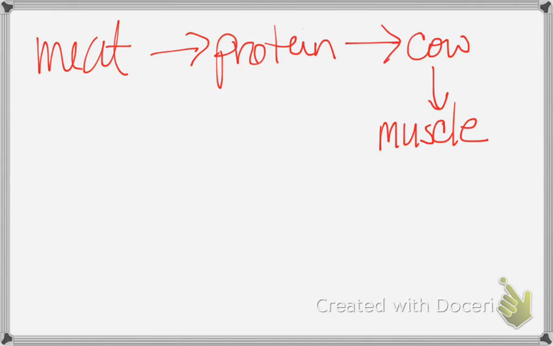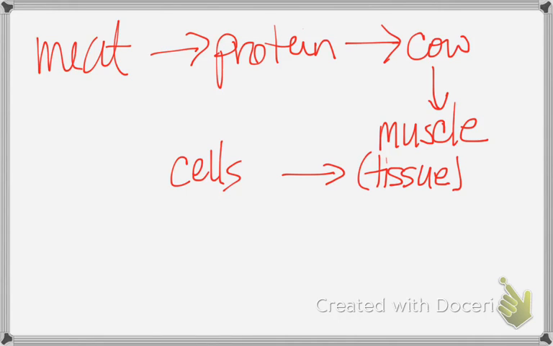Well, what is muscle tissue? Well, muscle is a tissue. And if we look at the tissue, what is the tissue made of? Cells. So when you eat a steak, you're eating a hunk of a cow's muscle.